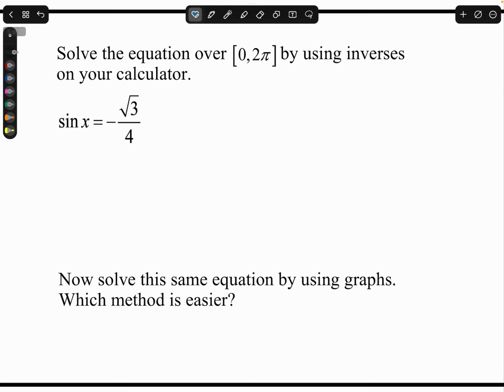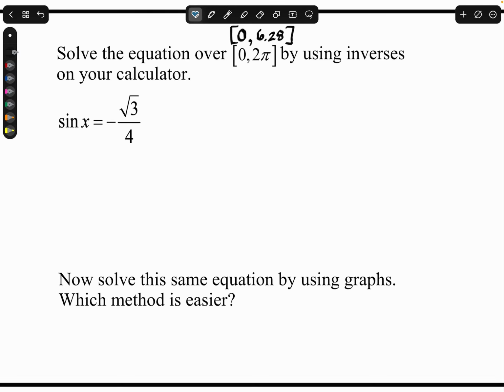Solve the equation over the interval from 0 to 2 pi. And we are using inverses on our calculator. So we're going to do the exact same thing that we've been doing. Before we do it here, remember, 0 to 2 pi, just to help clarify because we're getting these weird decimal angles, instead of being in those exact terms of pi, this is like 0 and this is like 6.28 radians.